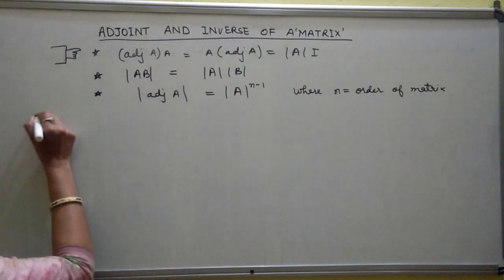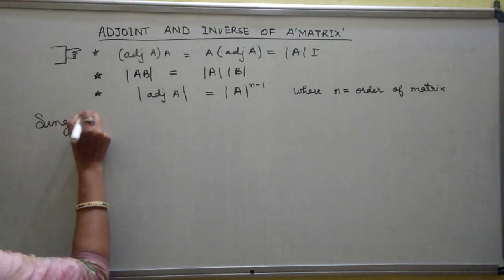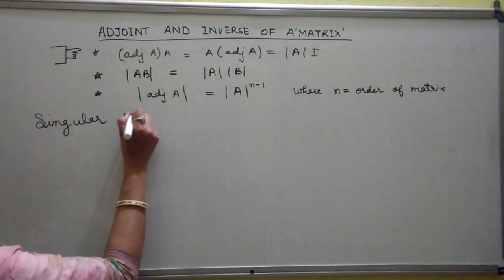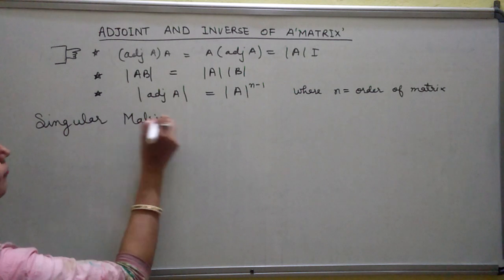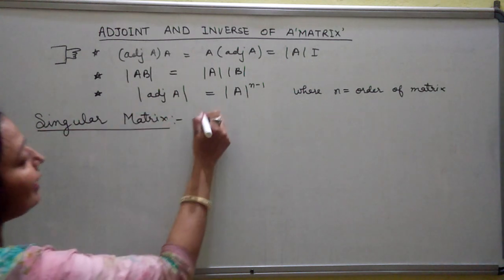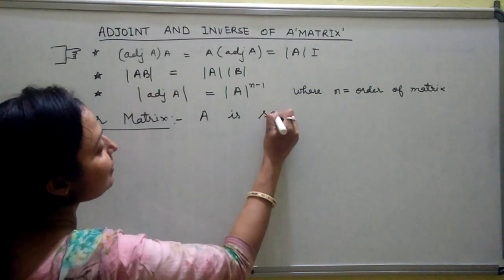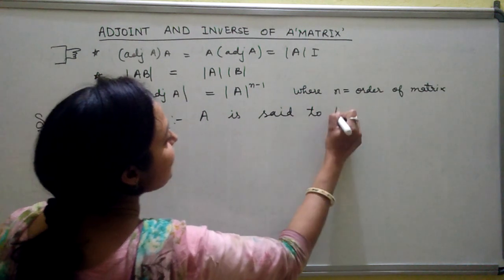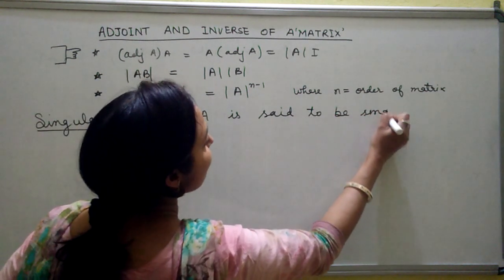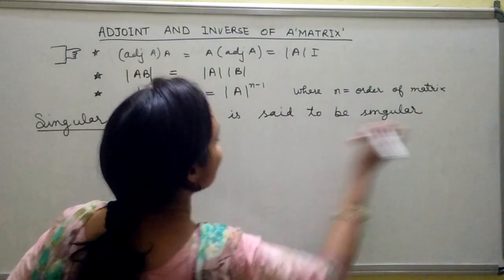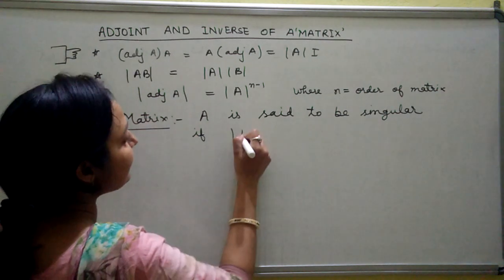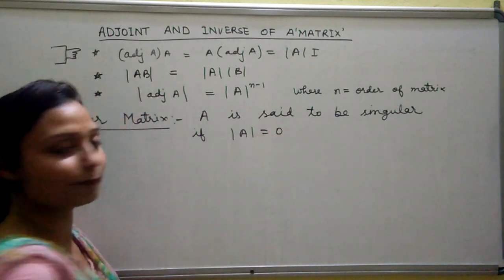Now come to the singular matrix. What is a singular matrix? A is said to be singular if the determinant of A is equal to 0.